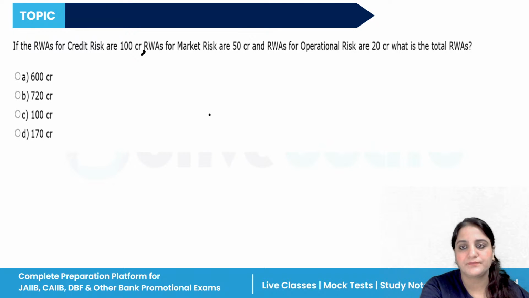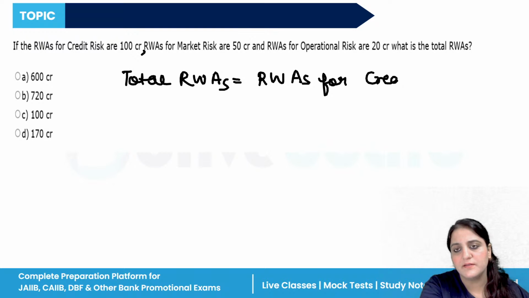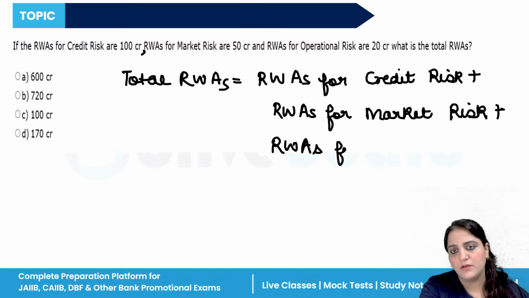So total risk weight assets is equals to risk weight assets for credit risk, risk weight assets for market risk, and risk weight assets for operational risk.